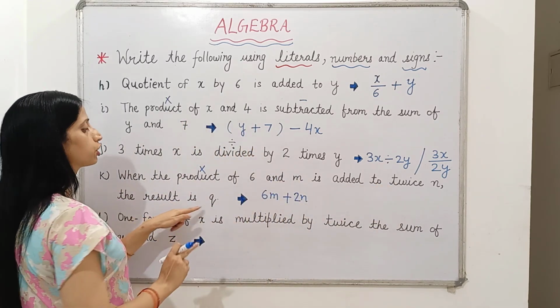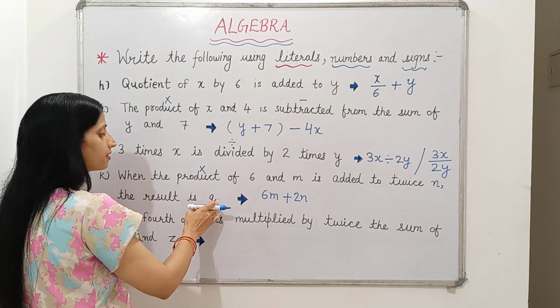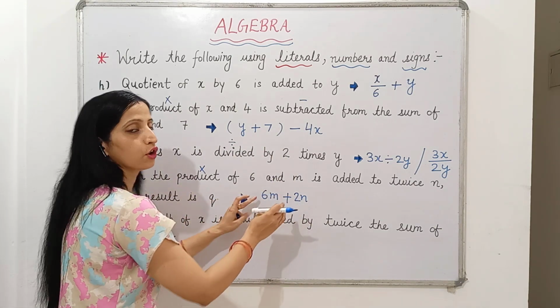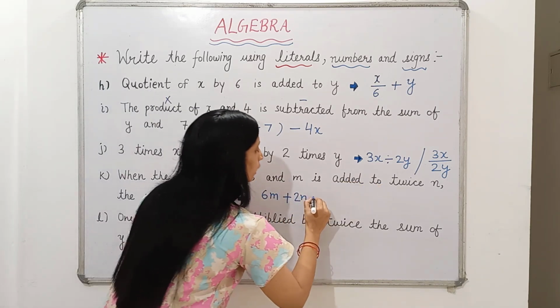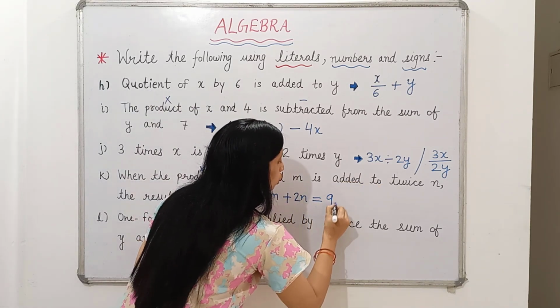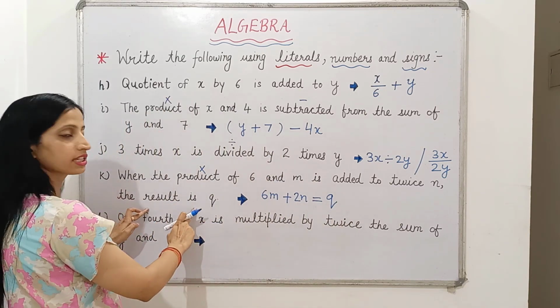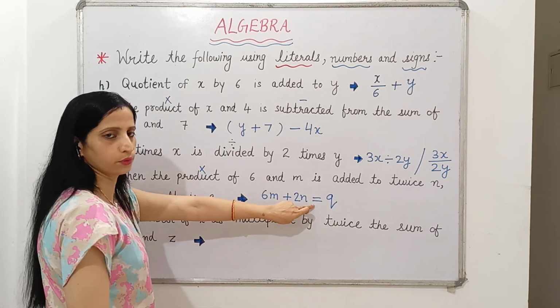The result is q. We are getting the result here, so we will form the equation 6m plus 2n equal to q. Here the result is given, meaning the sign of equal to will come.